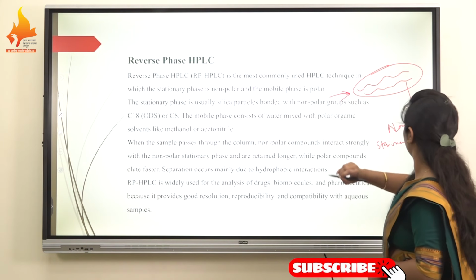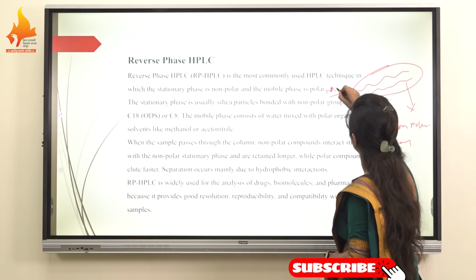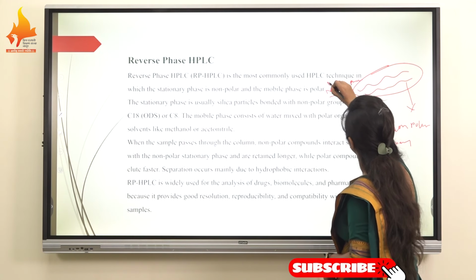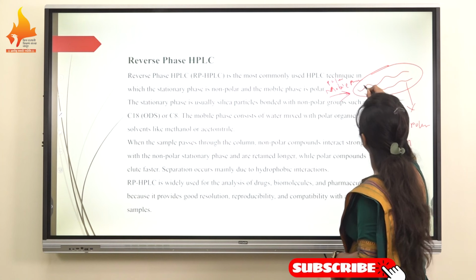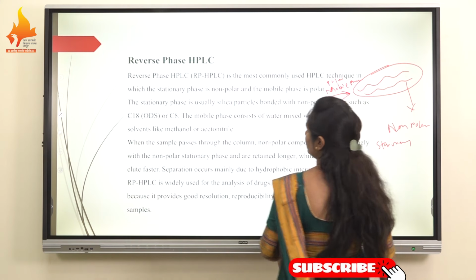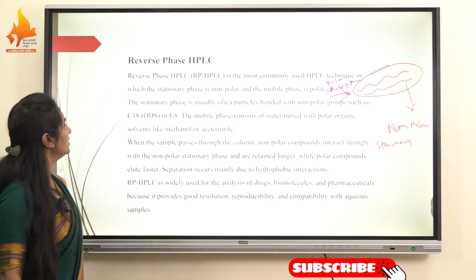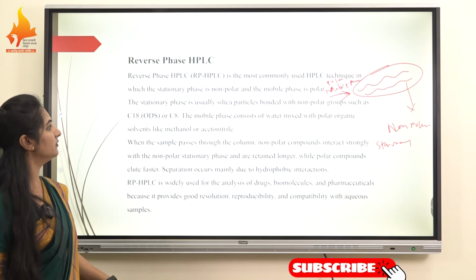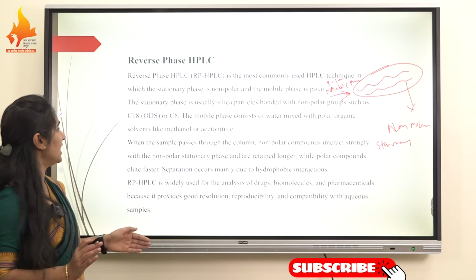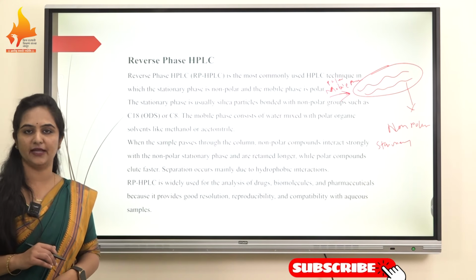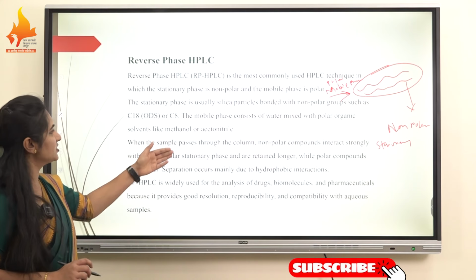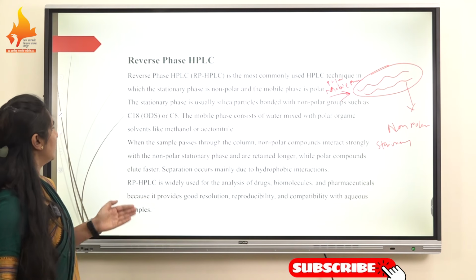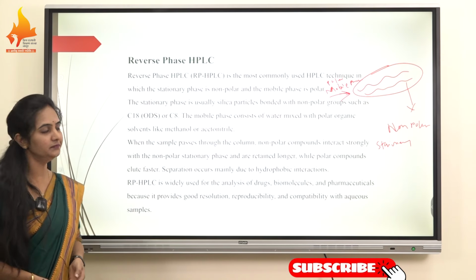The stationary phase is usually silica particles bonded with non-polar groups such as C18, meaning a carbon chain of 18, and the mobile phase consists of water mixed with a polar organic solvent like methanol.